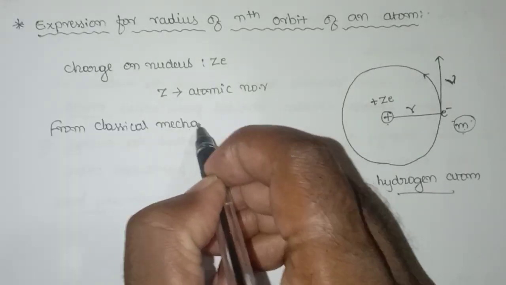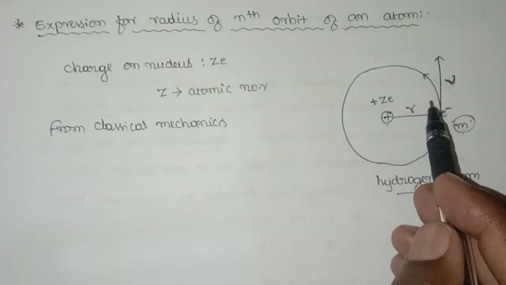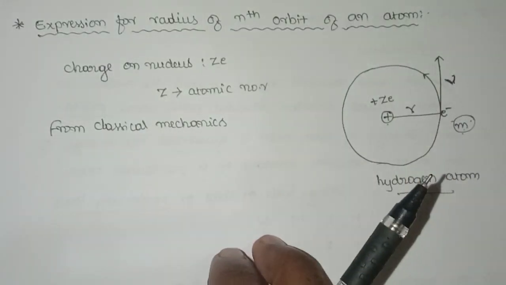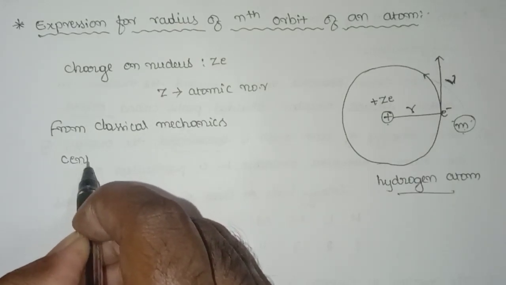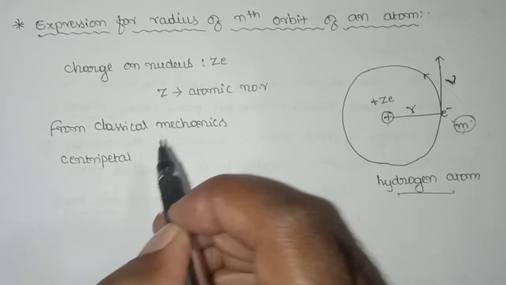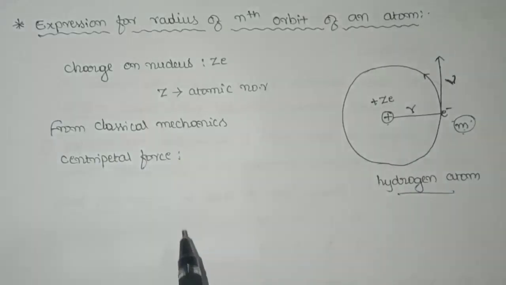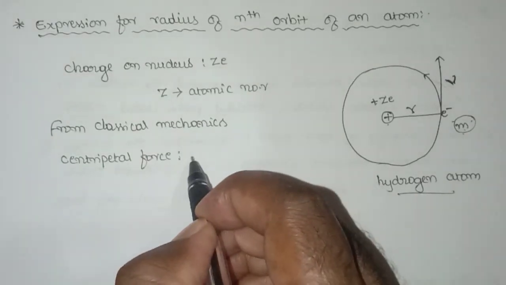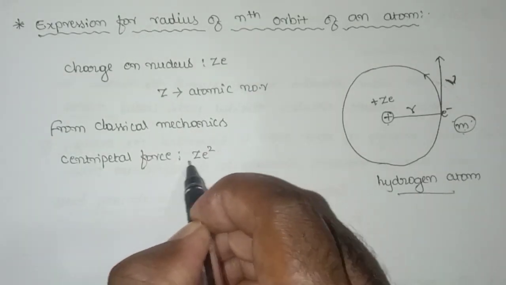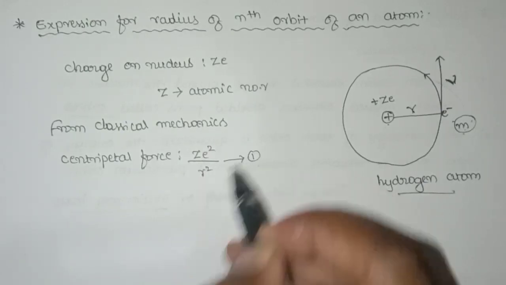According to classical mechanics, the electron revolving around the nucleus will experience two kinds of forces. The electron will experience a centripetal force, which pulls the electron towards the nucleus of the atom, and that centripetal force is given as Ze square by r square. Let me consider this as equation number 1.